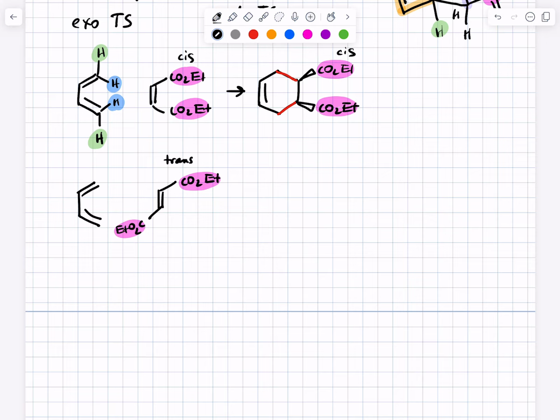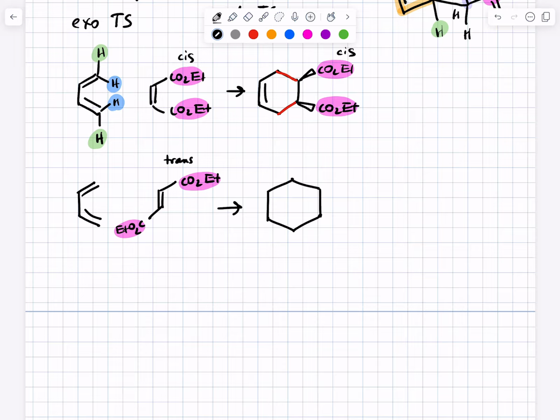Again, I know that endo and exo are not going to be an issue this time for two reasons. First, because I can't distinguish between the inside protons and the outside protons. And second, endo and exo are only easy to assign when the groups on the dienophile are cis to each other. When they're trans to each other, you can't choose endo versus exo.